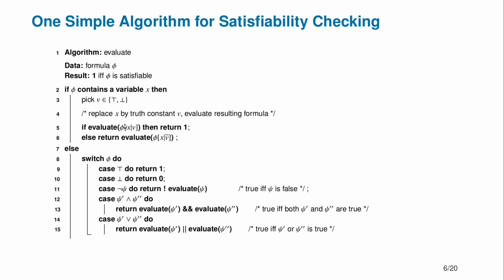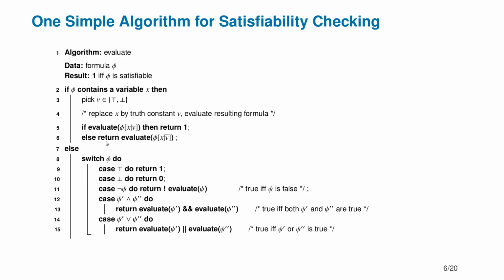Then it evaluates the modified formula recursively. So this is the formula where x is replaced by the truth constant. And if the function returns true here, then it returns true.